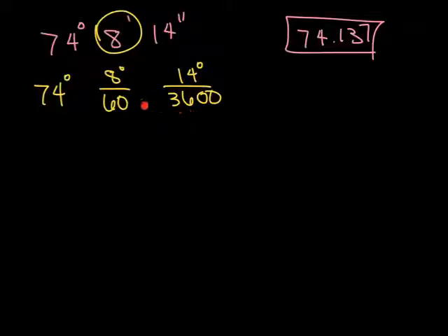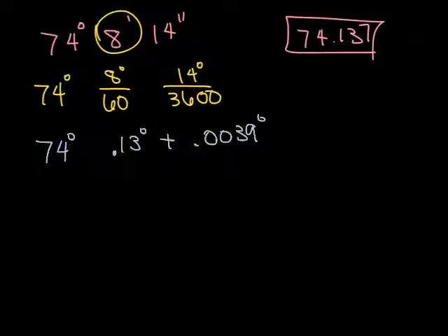So I can go 74 degrees, and then you take your handy dandy calculator and take 8 divided by 60 and get 0.13. And then we take 14 divided by 3600 and we get 0.0039.